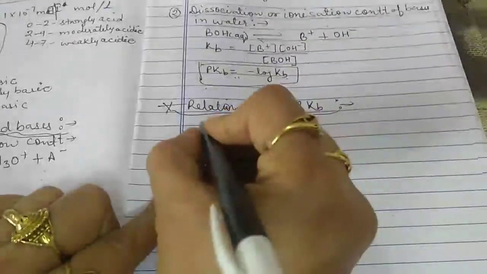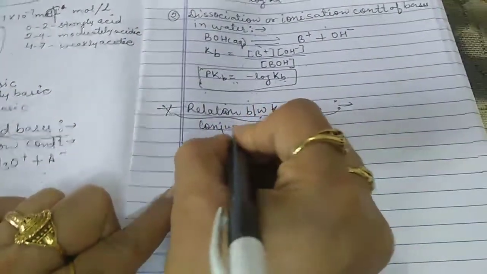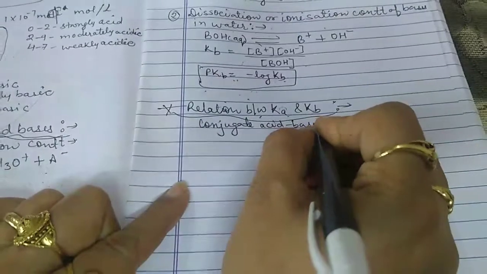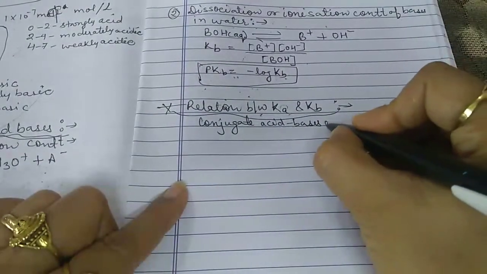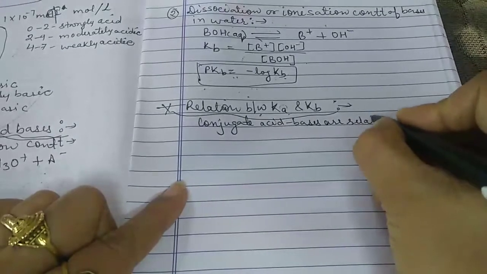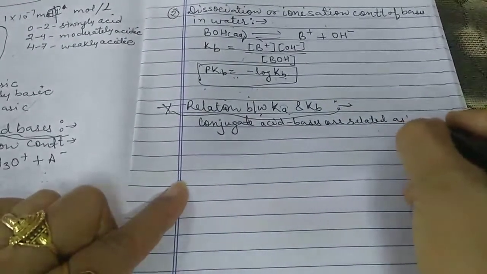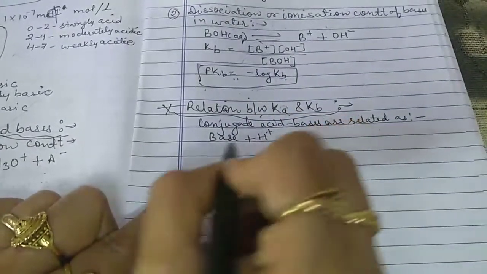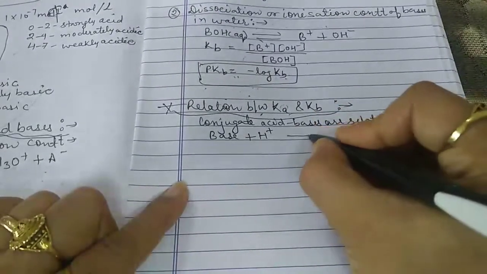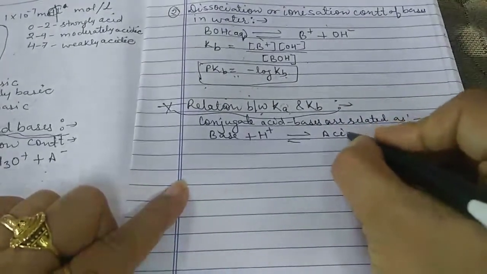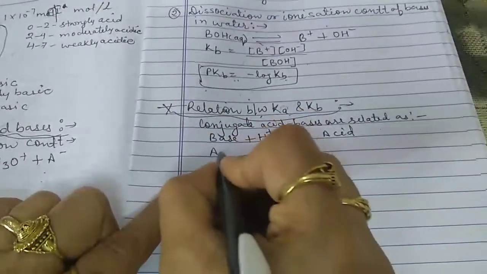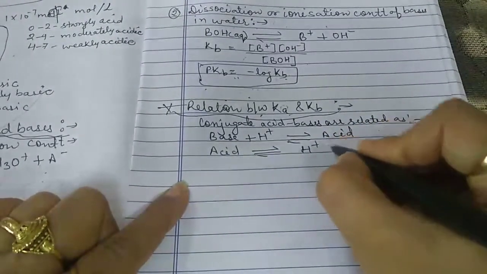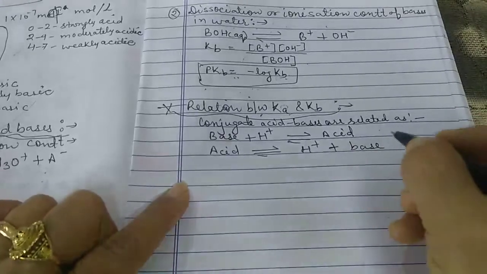So let's start with conjugate acids and bases. Conjugate acids and bases are related as follows: a base, when combined with the H plus ion, gives an acid, and an acid donates the H plus ion and becomes a base.